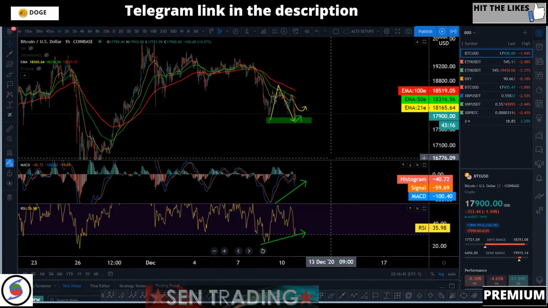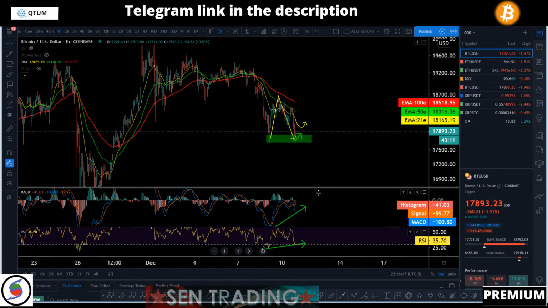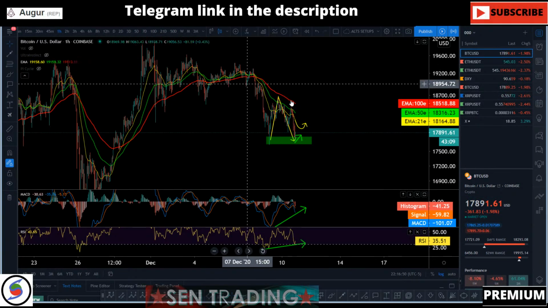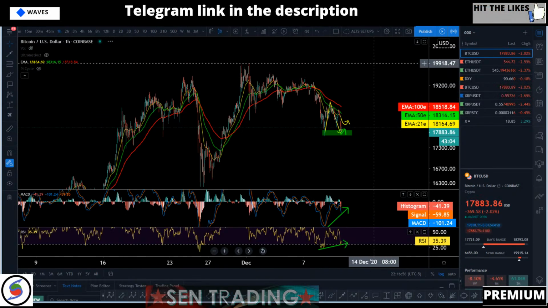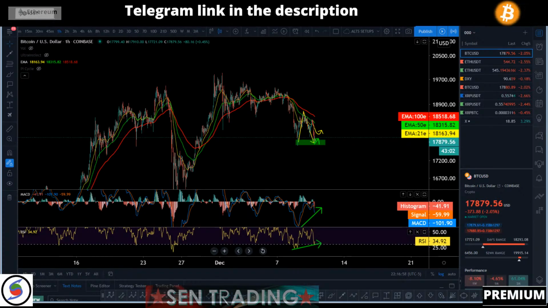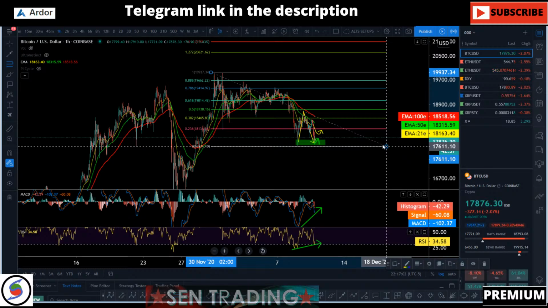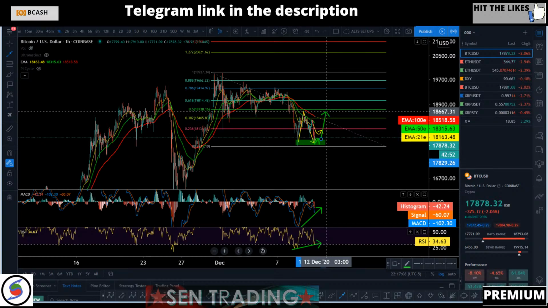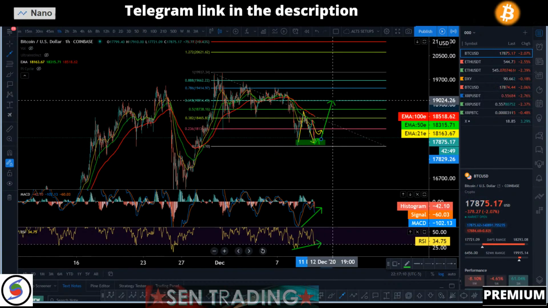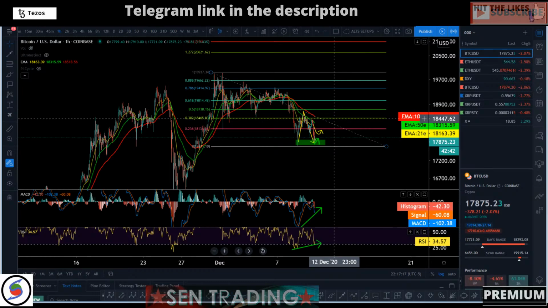And if you want to be very fancy, you could use your Fibonacci. If you want to ignore my strategy, which is paying attention to your 1 hour 100 EMA, you could do something like this: a swing high, a swing low, and you're going to be a moon boy and take it to the upside all the way up to 0.618, which is 19k. But the 50% pullback is going to be at 18.7.